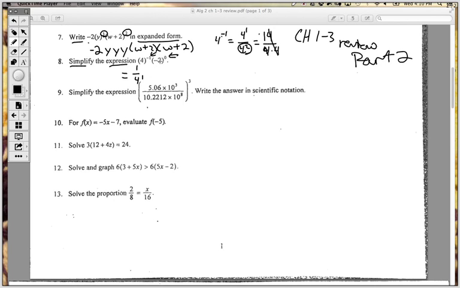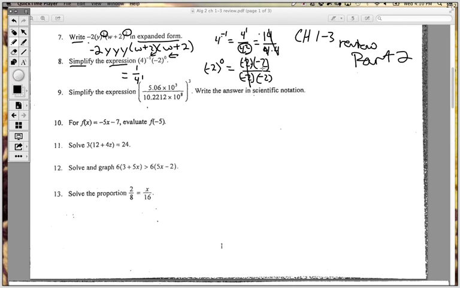All right. And then this negative 2 to the 0. Anything to the 0 means you had the same amount on top and bottom. So negative 2 to the 0 is really like negative 2 times negative 2 over negative 2 times negative 2. I could have 3 on top, 3 on bottom, 1 on top, 1 on bottom; it doesn't matter, but it's got to be the same on top and bottom.